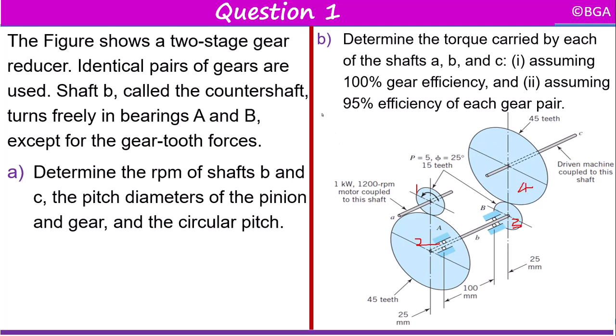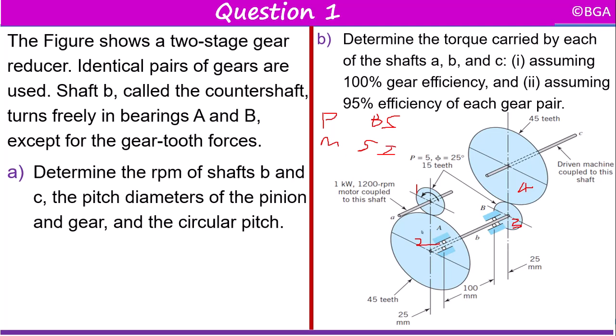So gear tooth size is specified in terms of either diametral pitch, which is a British measure, or we can use module to specify the gear tooth size, which is the SI measure of gear tooth size. So in this system, 1 kilowatt power is delivered to the input shaft A at 1200 RPM.